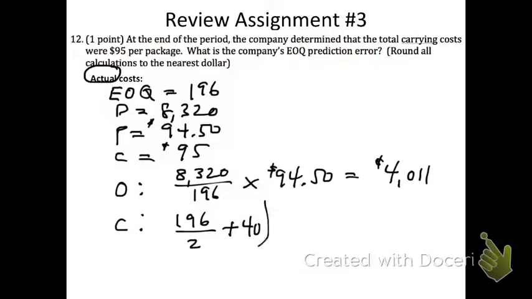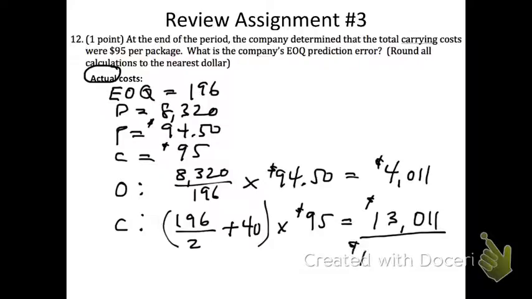We also held that safety stock, so we multiply that times now the actual cost that we incurred. We actually incurred a cost of $95. So the $95 times the average inventory that we carried, we actually incurred $13,011 in carrying costs.